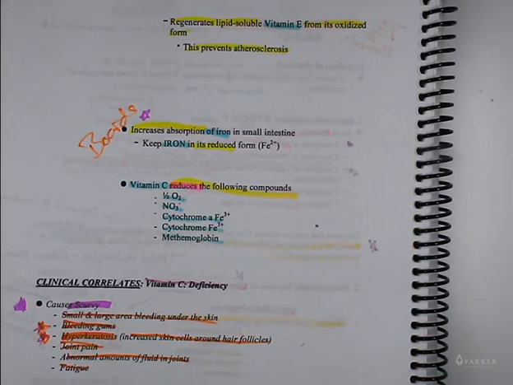So vitamin E will go and reduce something, it will antioxidize something, and then vitamin E is spent. So vitamin C comes along and antioxidizes it, which is reducing it. So vitamin E is then free to go and antioxidize something else. So vitamin C will continually help these other antioxidants to stay reduced so that they can continue to be antioxidants. Does that make sense? Okay.